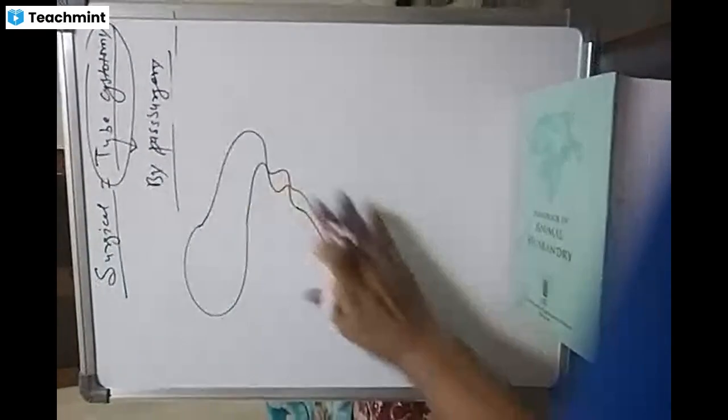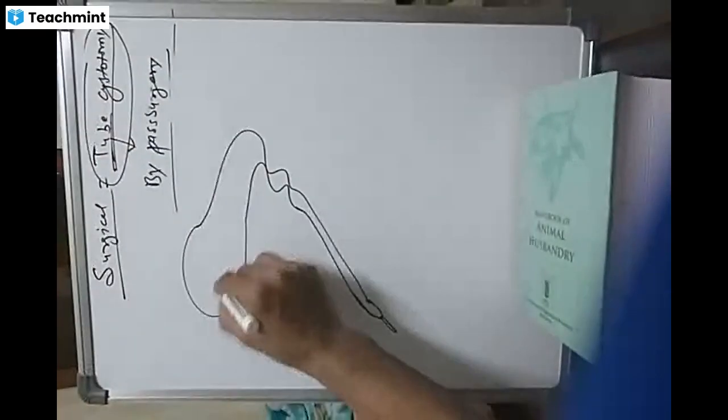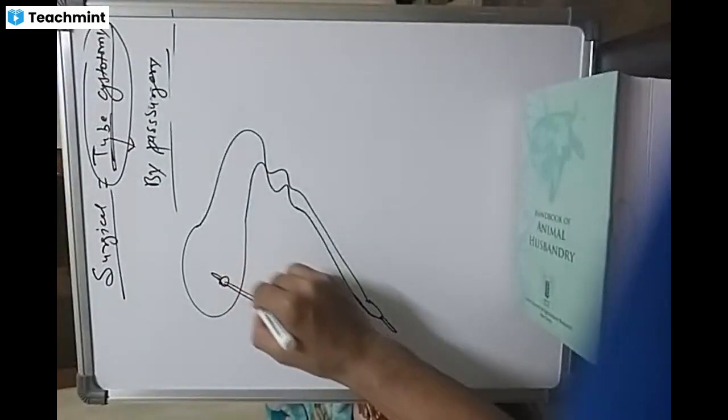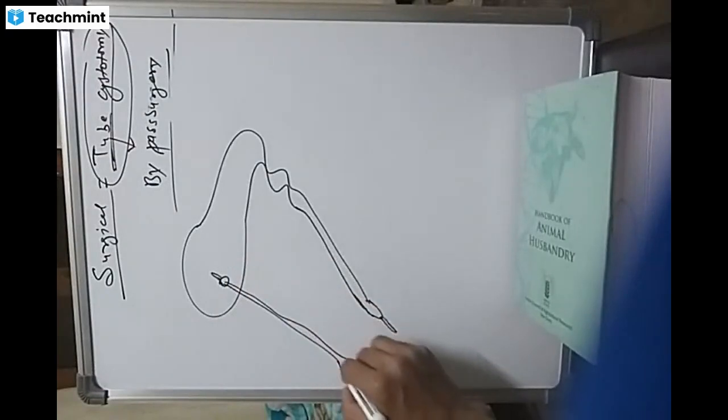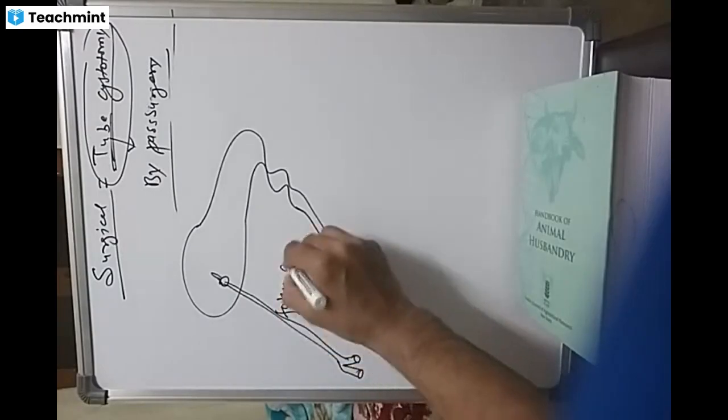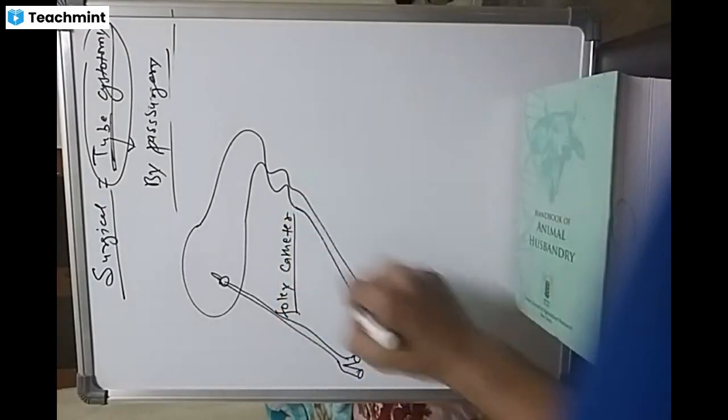This is the normal one. And this tube is a catheter, a Foley catheter.